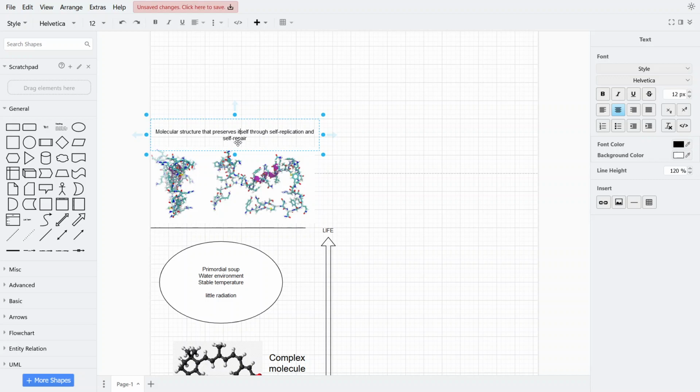So if you have this self-replication, you can have the necessary nutrients and the necessary molecules and atoms. You can keep making copies of yourself and that survives.